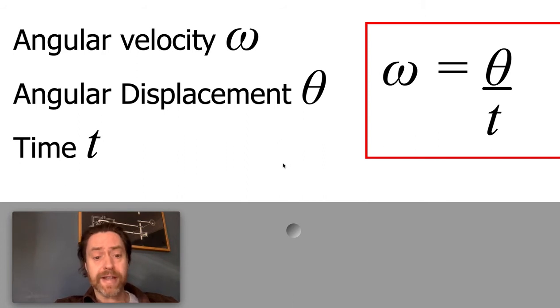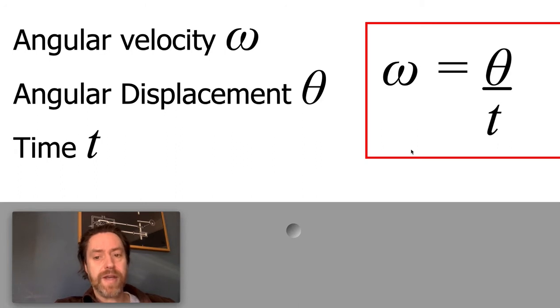But what I'm getting at is that there is a handy version of this equation where instead of considering a particular angular displacement, we just consider a full circle. So, if we were using degrees, we'd say 360 degrees, but we're not. We're using radians, and you know that there's 2 pi radians in a circle.